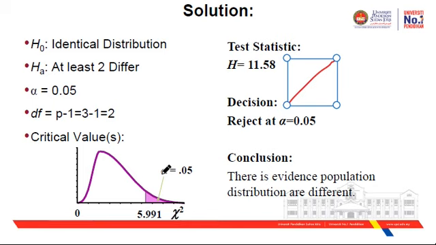There is enough evidence to say that the population distributions are different. Maybe you can edit here; I think it is better to write at least two populations are different. Okay, that is the conclusion. All right, so that is the Kruskal-Wallis test, which is the test for median or for distribution between more than two populations.